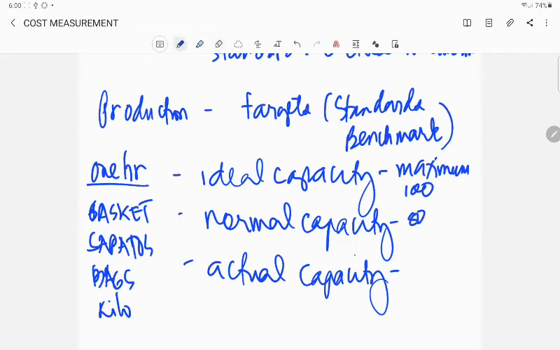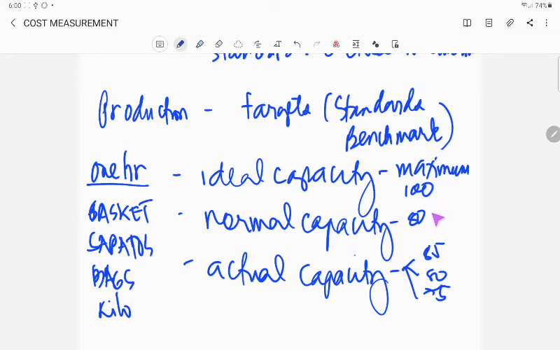And ano yung actual? Ito na yung nagawa mo. Pwedeng ang actual maging 85. Pwedeng ang actual maging 80. Pwedeng ang actual maging 75. Okay? Ma'am, pwede ba kaming tumaas dun sa normal? Pwede naman. Kasi, ang siniset mong normal capacity, ito yung traditional na somehow na-achieve.